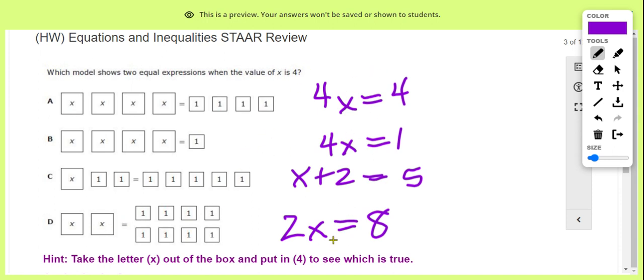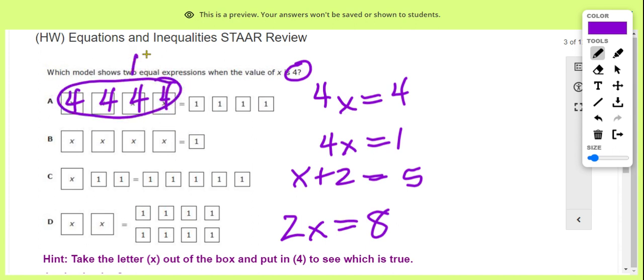So you could solve each one of these, but one of the easier ways to do it is put 4 in for each one of the x's and see if it's true. Altogether, this is 16 equals 4. 16 on the left, 4 on the right. That is not a true statement.